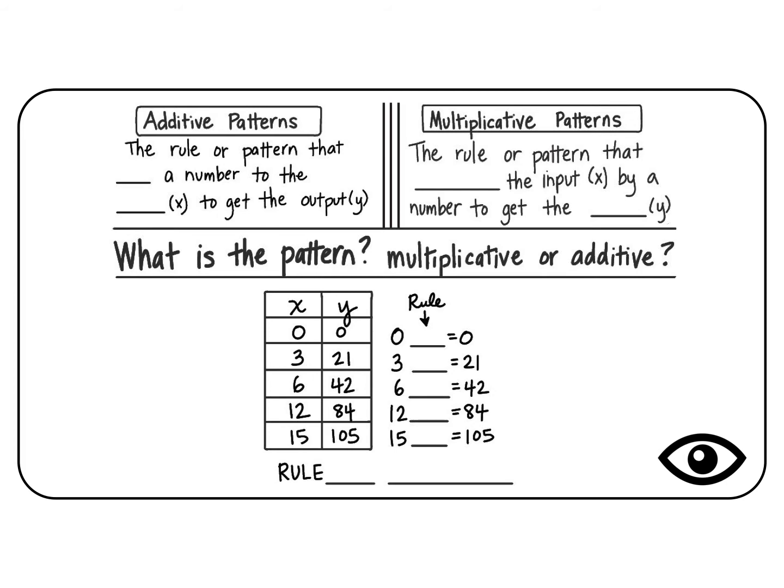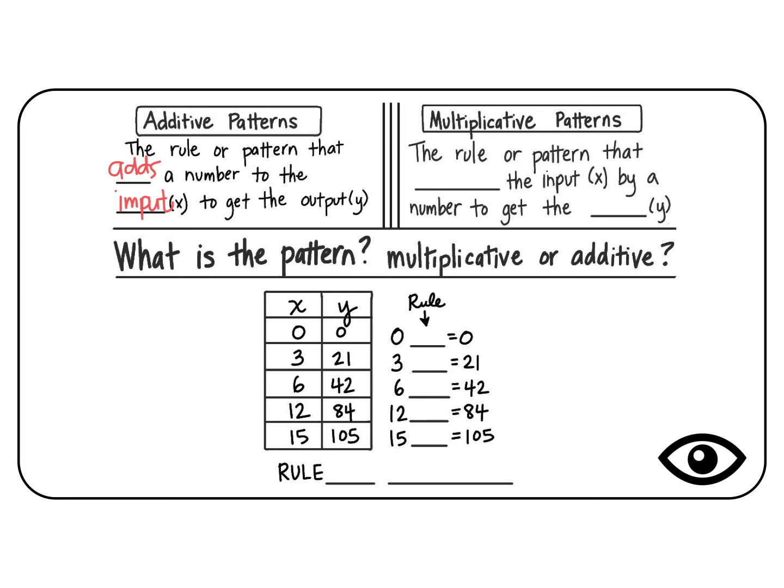An additive pattern is a rule or pattern that adds a number to the input, which is our x, to get our output, which is y. We know that an additive pattern is happening when we are increasing by the same adding pattern each time.